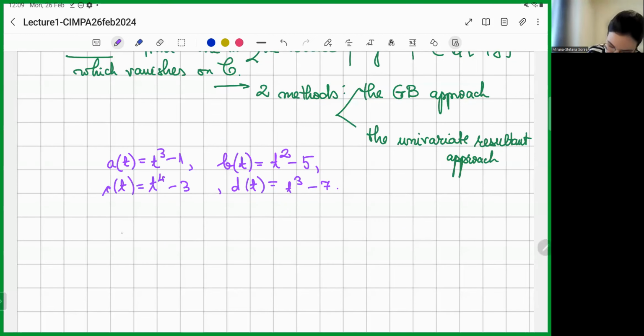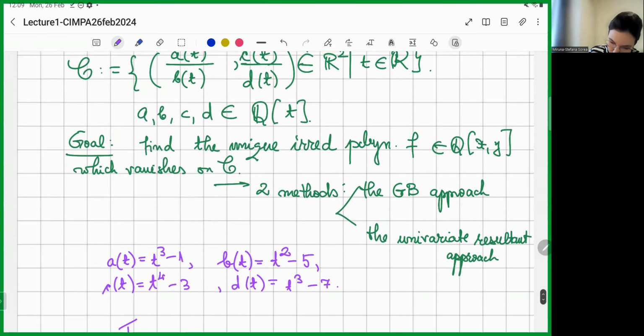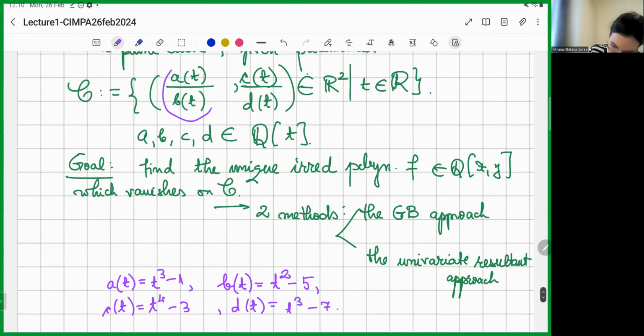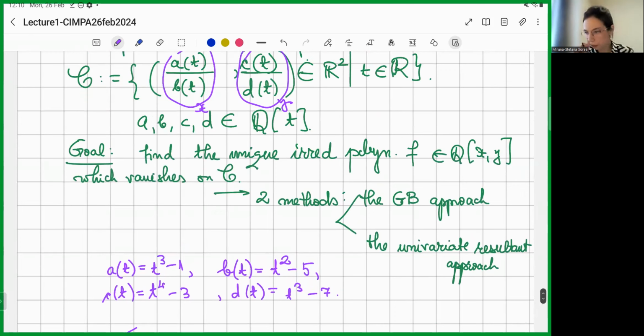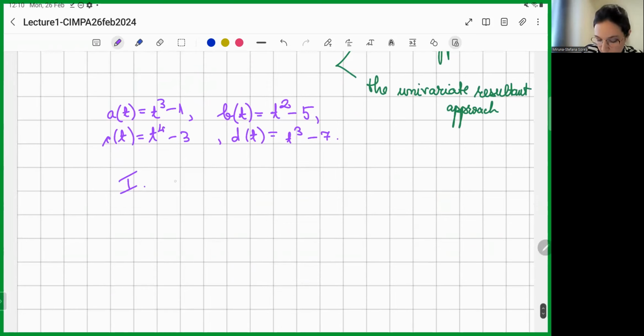So what is the first method we can use here? You see, this will be our x and our y. So x is a over b, and y is c over d from this writing. Now just as an example, later we'll see the theory, how to compute f of x,y.